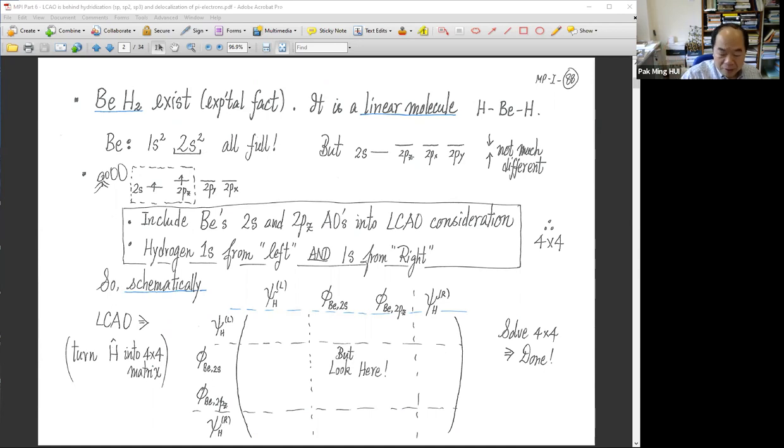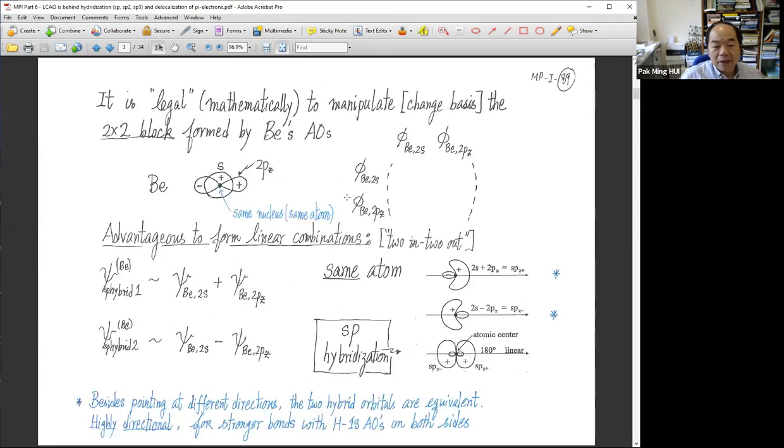Get that? Okay, so now we are exercising this right of changing bases. What are we doing in changing bases? The next step will be hybridization, the name, okay? Now, I have this in my 2 by 2 block.